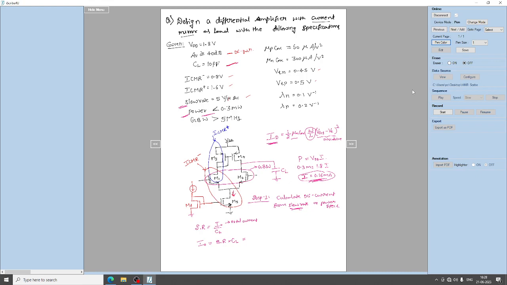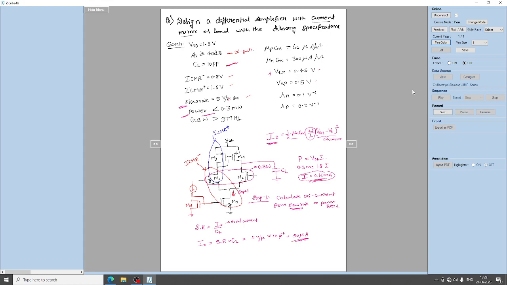The slew rate given is 5 volts per microsecond, and the load capacitance is 10 picofarad. So 5 into 10 gives 50, and with micro and pico you are left with 10 to the power of minus 6, so 50 microamps. This is the total current flowing through the circuit.